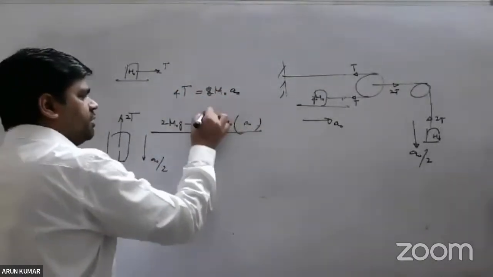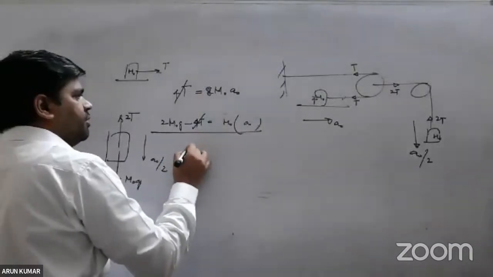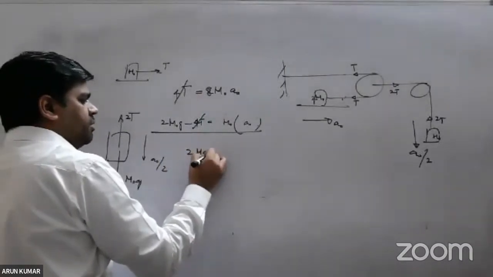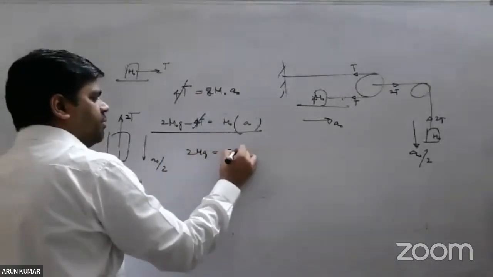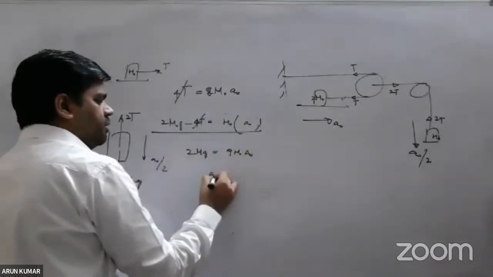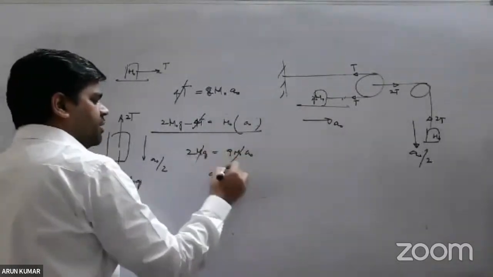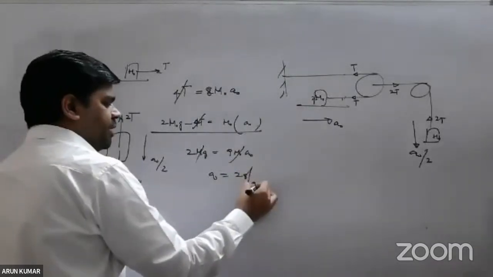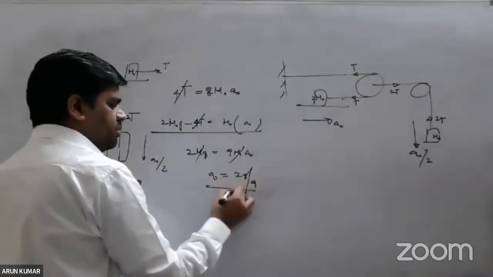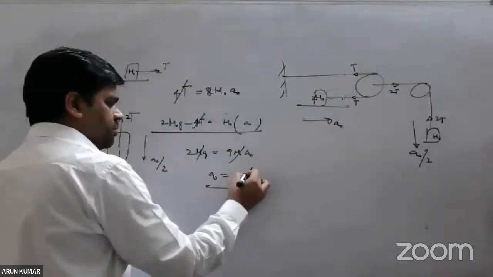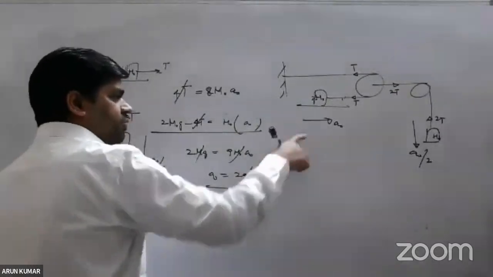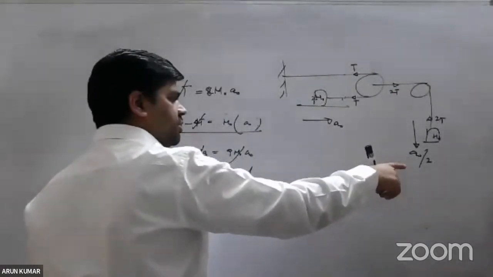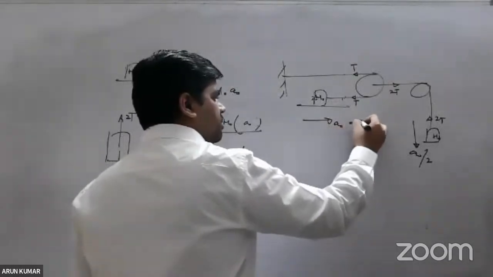I add these two equations. 4T gets cancelled out. So 2mg is equal to 9m naught into A naught. So A naught is equal to, m gets cancelled out, 2g by 9. This is g by 9.